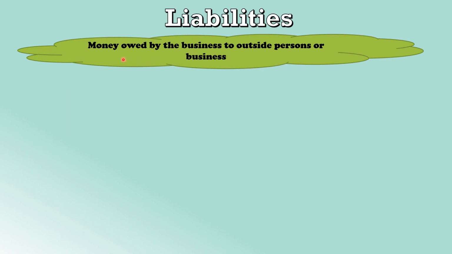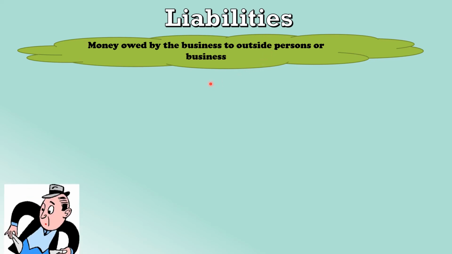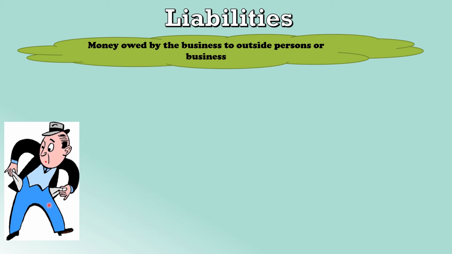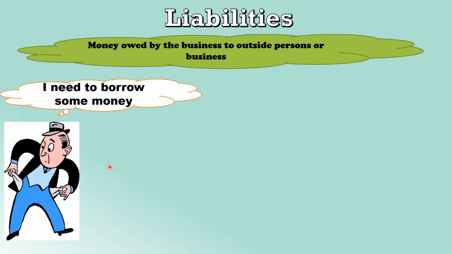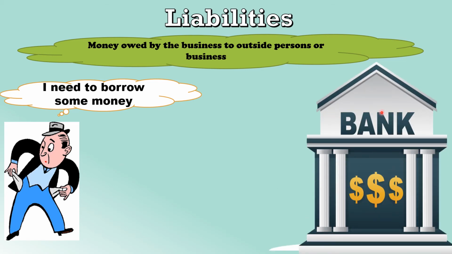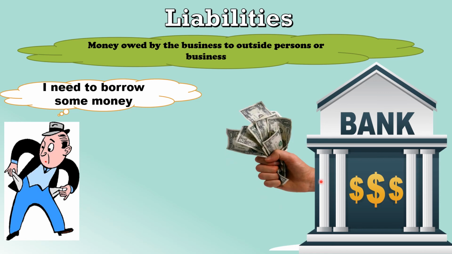Liabilities are money owed by the business to outside persons or businesses. Now if you are broke, or if you want to buy something for your business and you don't have enough money, like this guy, you need to borrow some money. The bank will be able to lend you money, to give you a loan.